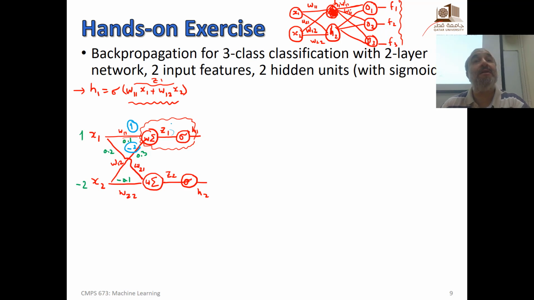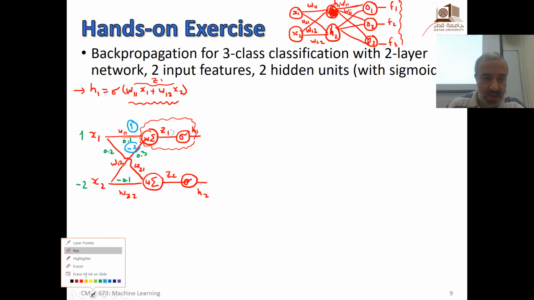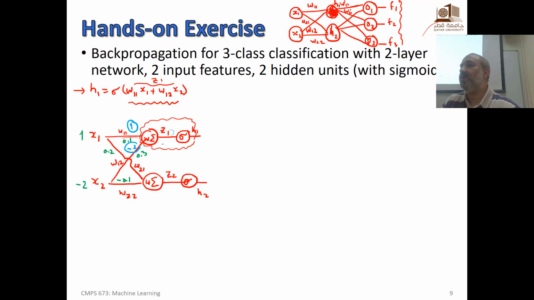So Z1 is? What is the value of Z1? I think it's 0.1 minus 0.6, right?